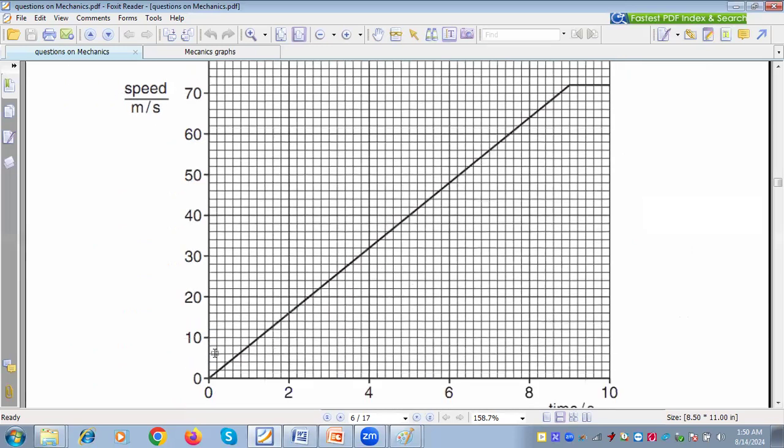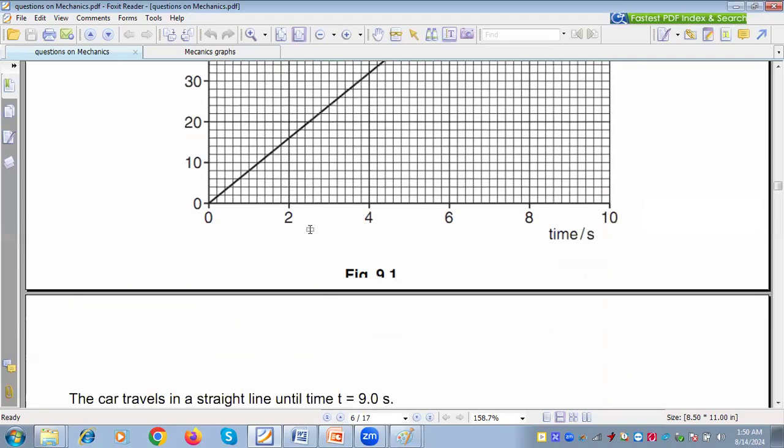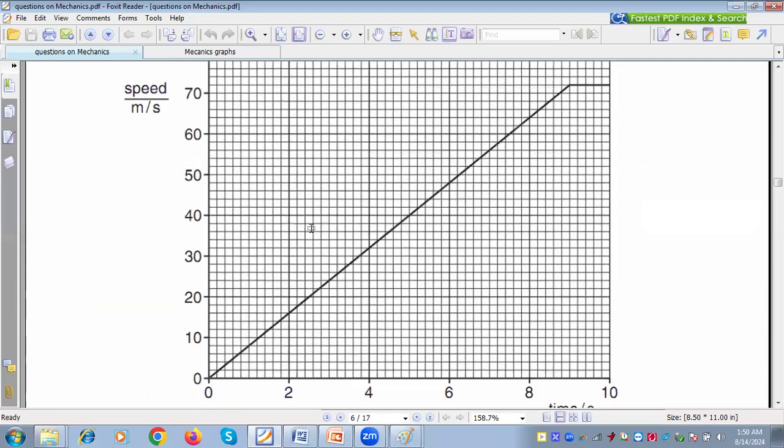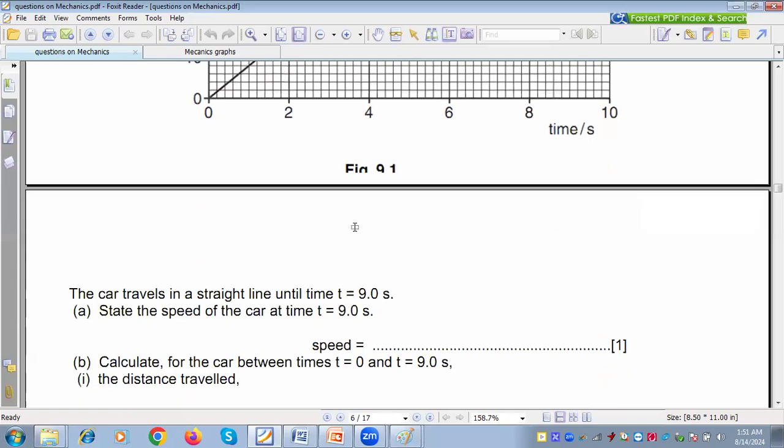The graph starts from rest and reaches a speed of about 72 or 74. Let me check it. If I take it this way, this is 72. One small square is 2 meter per second. So the speed is 72 meter per second.